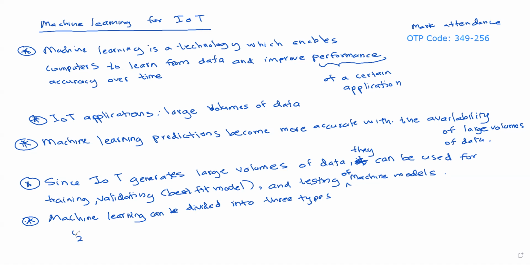The three types are supervised learning, unsupervised learning, and reinforcement learning. The features of these types of machine learning algorithms are as follows.